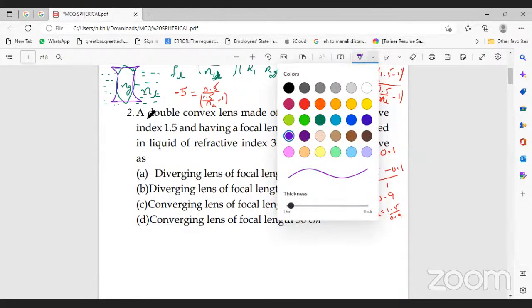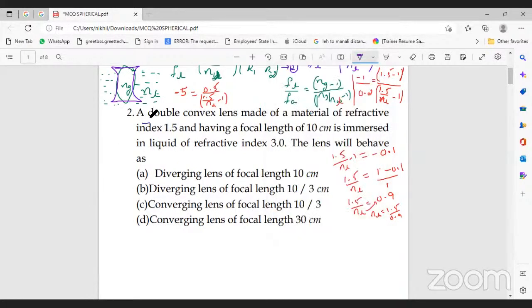Look at this. What type of lens have they given initially? Double convex lens, sir. What is the refractive index of that glass? 1.5.